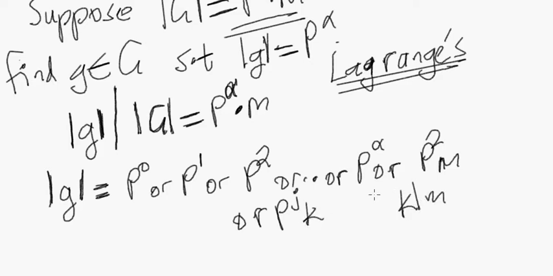So one strategy we may think about is, why don't we find all the possible divisors of p to the alpha times m and show that all of them don't work, that the only divisor that works is p to the alpha? That none of them work except for p to the alpha.